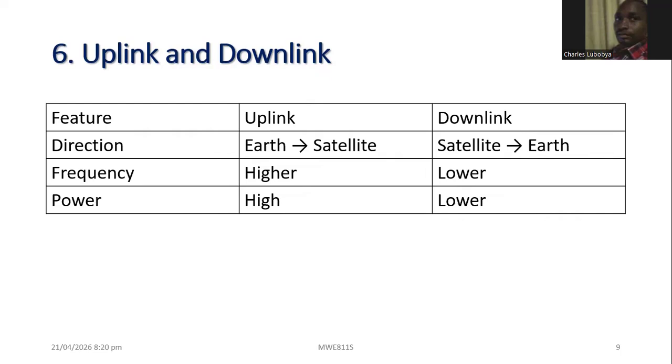What is key to take note of here is that the frequency is much higher for the uplink and much lower for the downlink. If you remember the previous slide where we showed the transponder, we had 14 gigahertz, which is much higher than what was coming out on the downlink, around 11 gigahertz. So usually the uplink frequency will be higher than the downlink frequency.